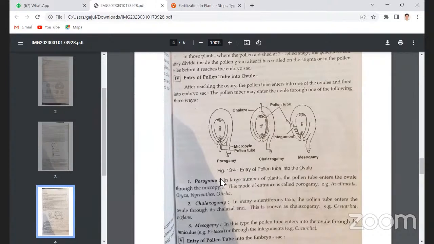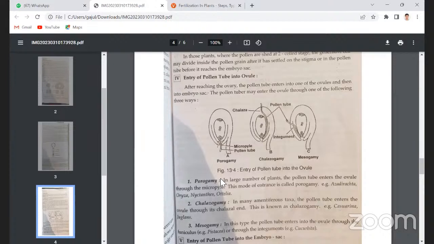This is the process of entry of the pollen tube. Then the pollen tube may enter the ovule through one of the following three ways. The first one is porogamy.